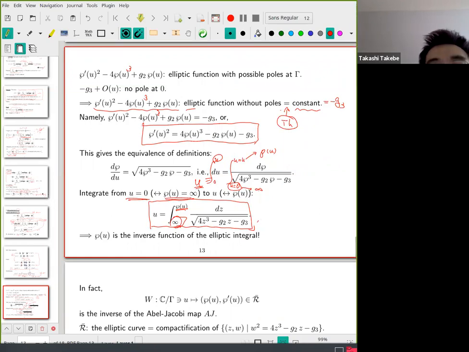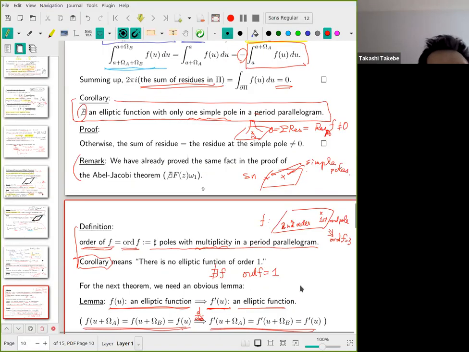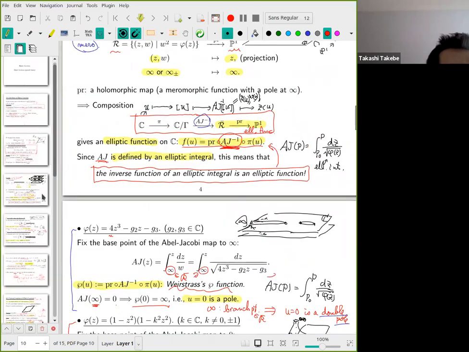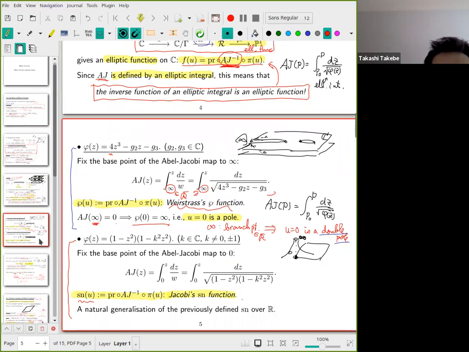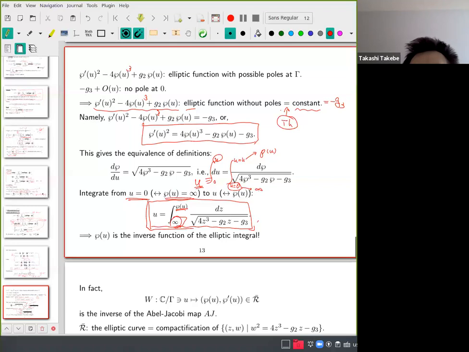So this is what we wanted. I mean, we defined the P function last time by this, the inverse function of this Abelian map. And this is exactly this.